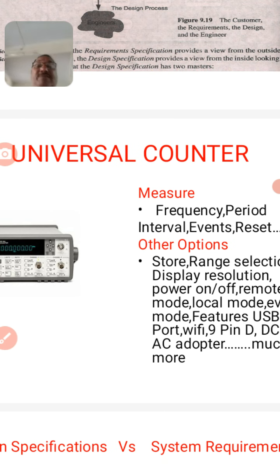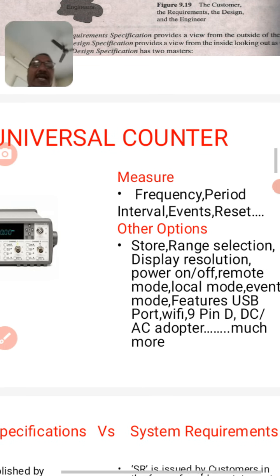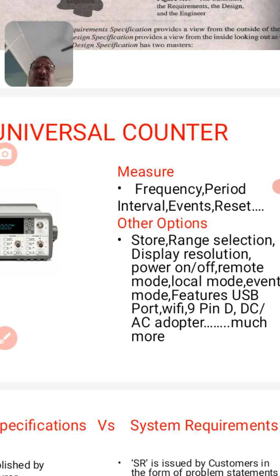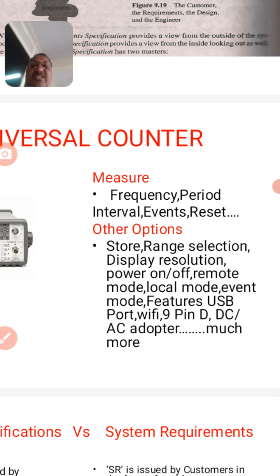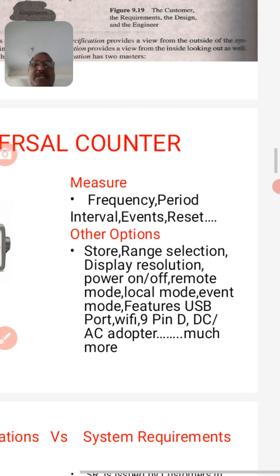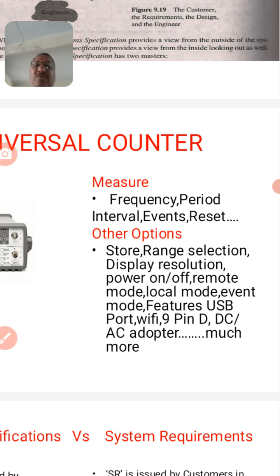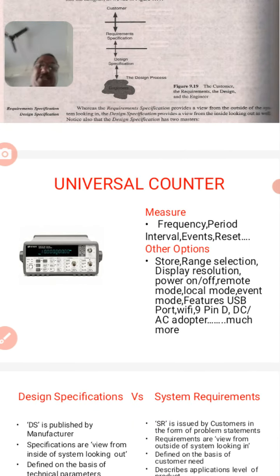Other system requirements are whether there should be a store facility or not, whether range selection facility should be there, whether display resolution is there, whether power on/off control may be there or not, whether remote mode should be used, local mode or event mode features, USB port, Wi-Fi, 9-pin DC, AC adapter, and much more, whether they should be there or what.